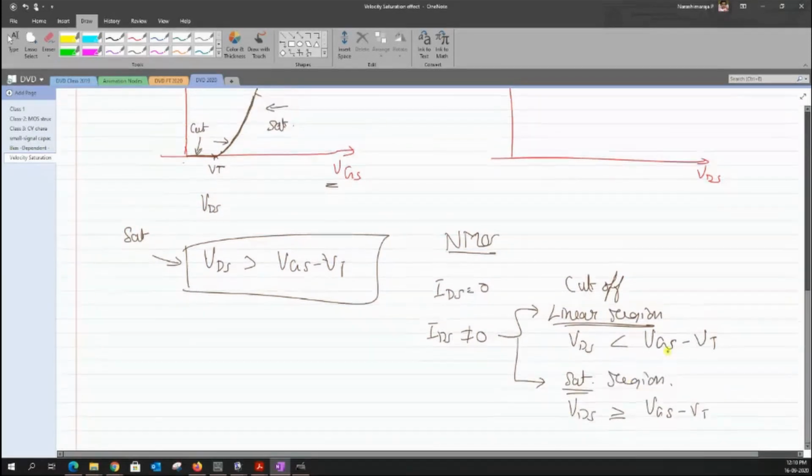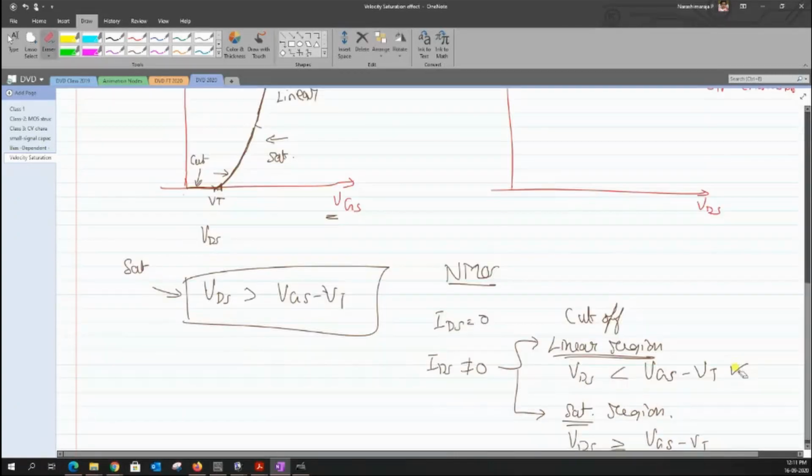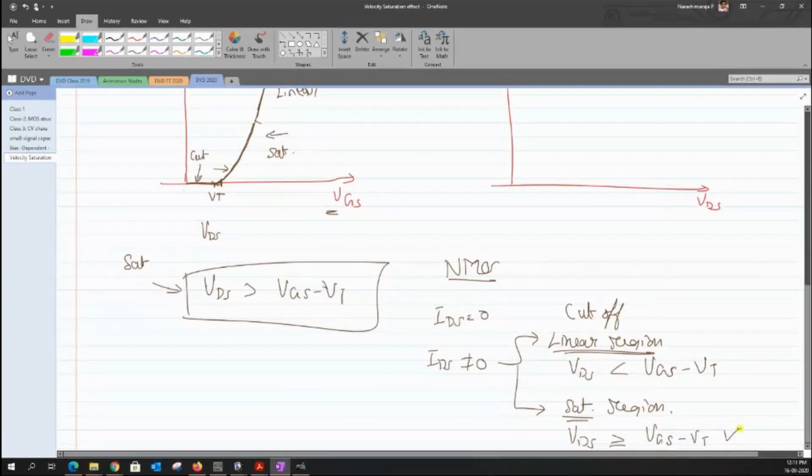Correct? So now, the moment I cross this particular voltage, I have some sort of positive value of VGS minus VT, because this is my VGS axis. And when I subtract the value of VT, there will be a very small amount of voltage that I will have across the VGS minus VT term. And that value, when I compare with respect to VDS, is quite smaller, due to which I'm satisfying the saturation region condition.